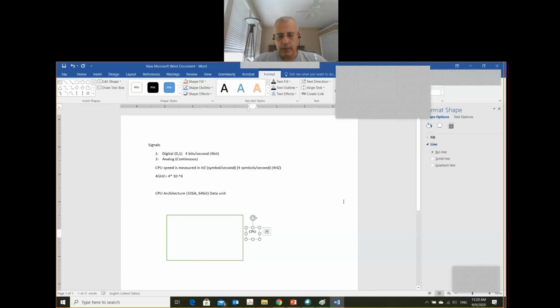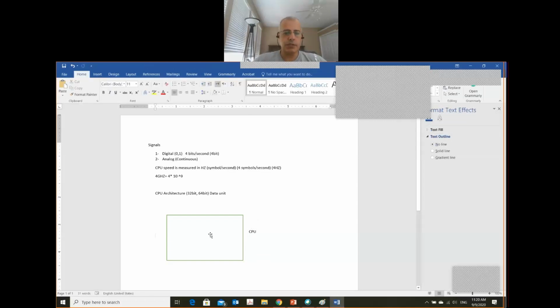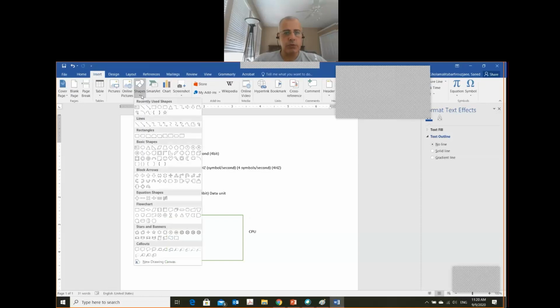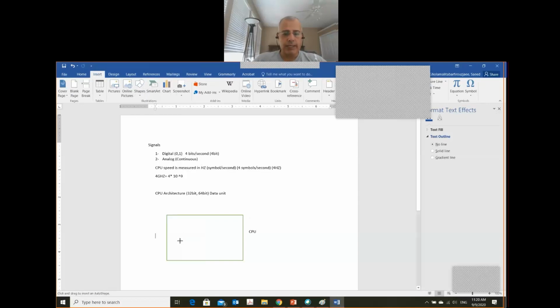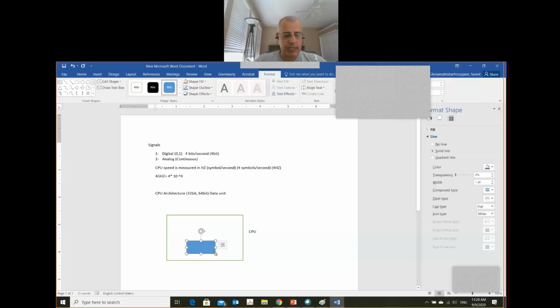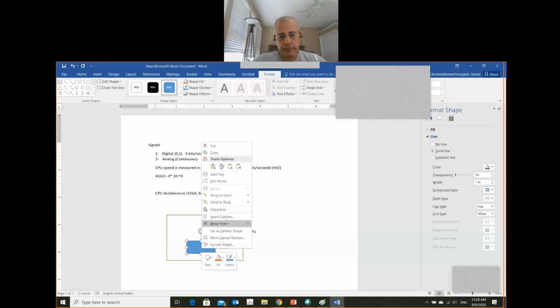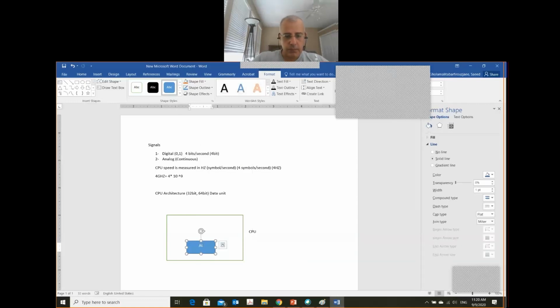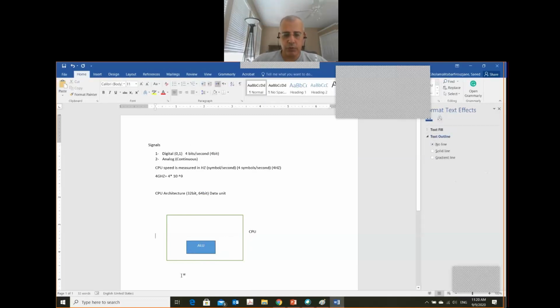Okay, so suppose this one is our CPU. Inside the CPU, we need a unit called the ALU. The ALU performs calculations, and it also does logical comparison. Arithmetic logic unit. The ALU can perform these two tasks.